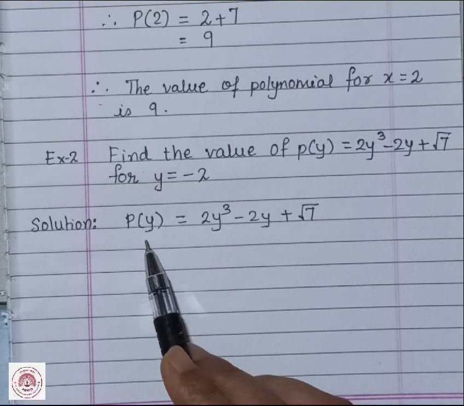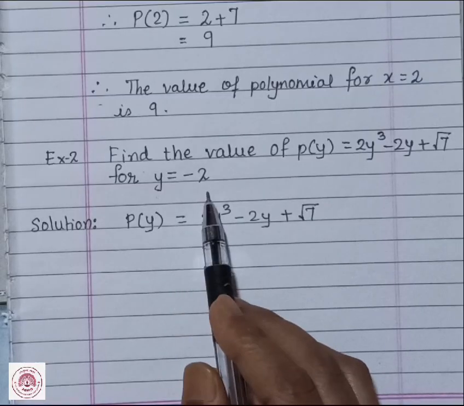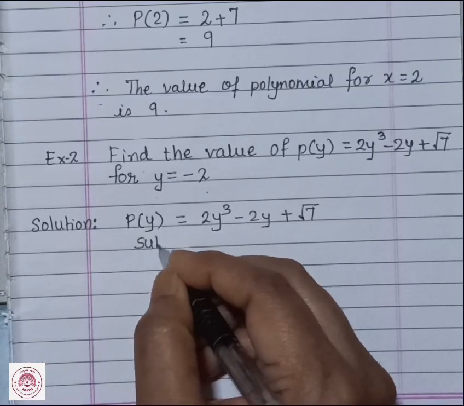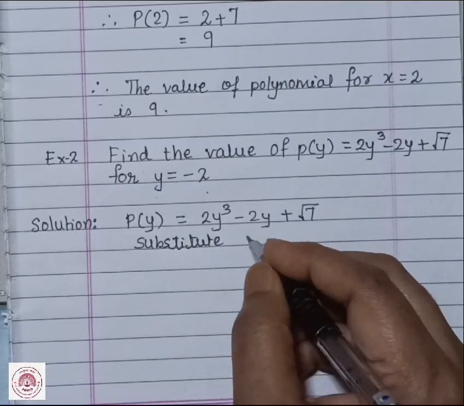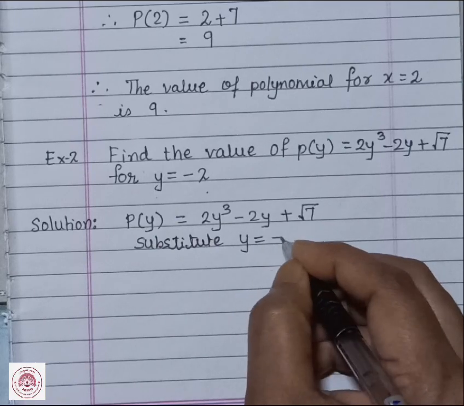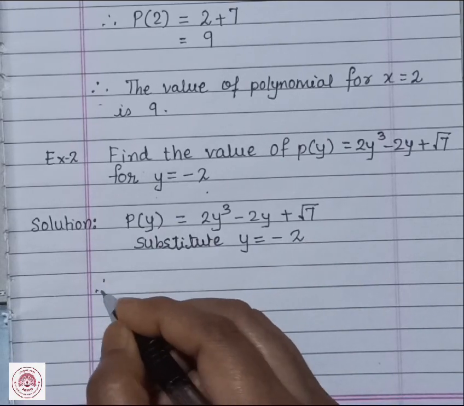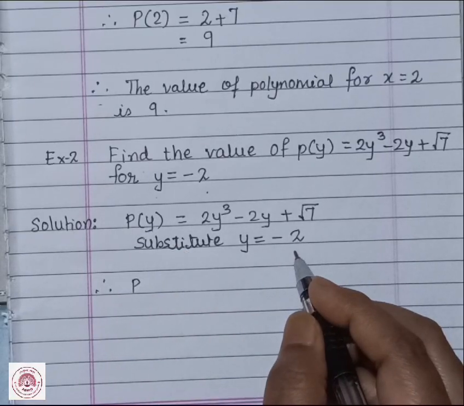We have to find the value of this polynomial for y equals negative 2. So let's substitute y equals negative 2. Therefore we will replace y by negative 2.